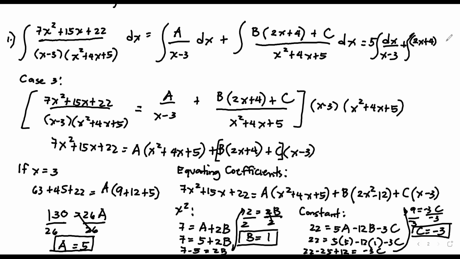Ang c natin, minus 3 over x squared plus 4x plus 5 dx. Okay? You will not combine them. Kasi baka gawin nyo 2x plus 4 minus 3, so you will have 2x plus 1. So, we're going to divide them into 2. This is also equal to 2x plus 4 over this minus 3 over this 1. So, magkakaroon na tayo ng tatlo. 1, 2, and then 3.